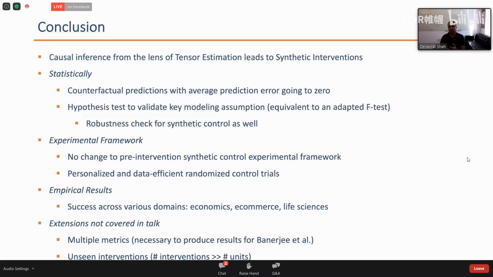Now, putting it another way, that confounder would be captured into the unit's latent feature itself or factor, which we are not observing. But as long as your observations are consistent with that unit latent factor, that confounding effect is already taken care of through this latent factor model.